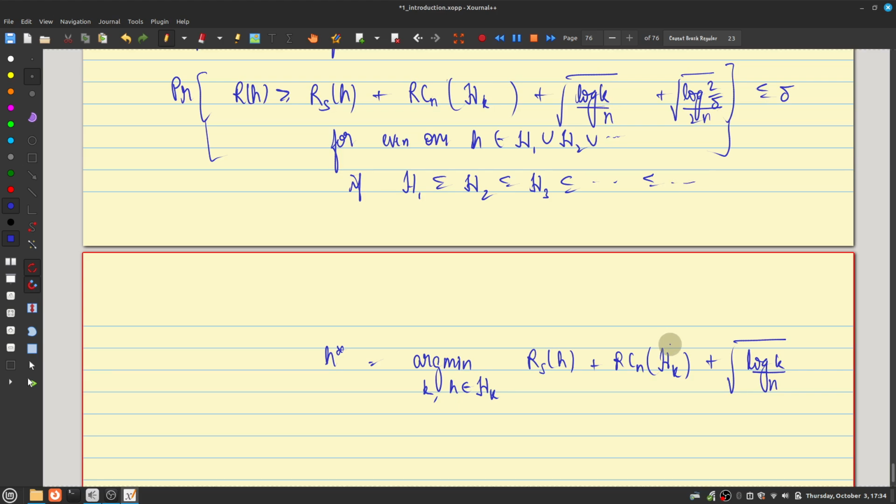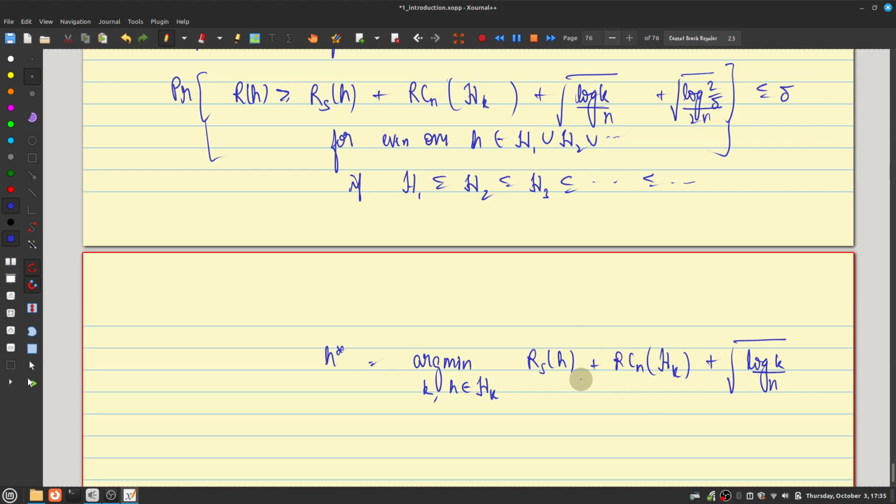Right? So in particular, what this says is that it's okay if something has a larger empirical risk but a smaller complexity, then you give more weightage to that, you give more preference to that. But at the same time, if something achieves a really small empirical risk but really large complexity, so what can happen?